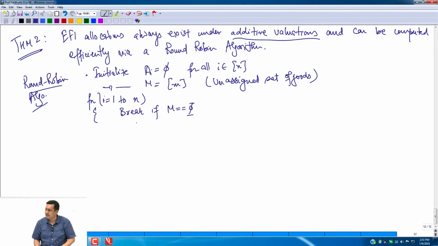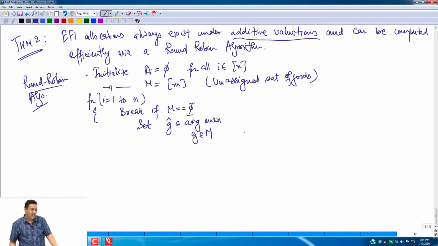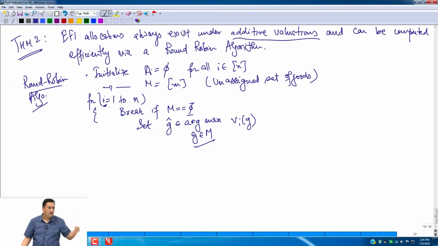But say this is not the case, there's some good left unassigned, M is not empty. You look at all the goods that are unassigned, and you're doing this argmax operation over the unassigned goods. Argmax means you're just picking the good that achieves the maximum, the good with the largest value. This is i's turn, so you're going in a round robin fashion.